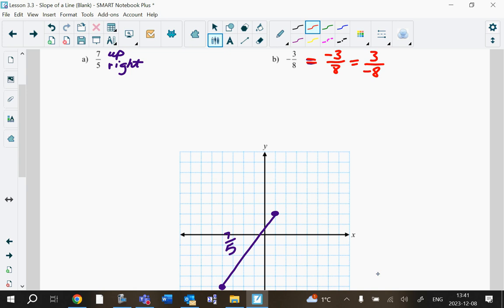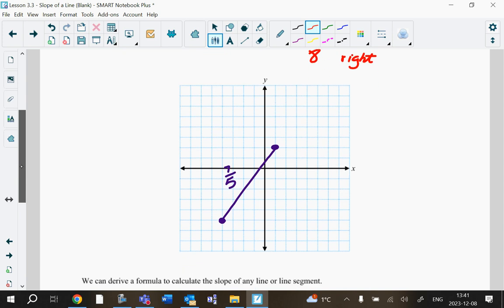So if I do this one, what's this telling me to do? Go 3 down, and then 8 right. So I got to pick a point, and from that, go 3 down and 8 right.